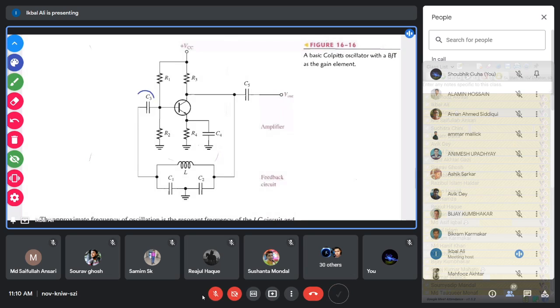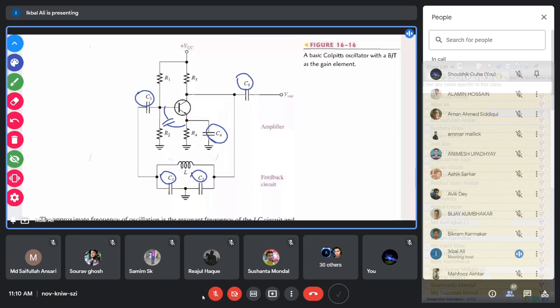These three capacitors C3, C5, and C4 are large value capacitors. So when the oscillation grows, these capacitors become short for the AC operation. C1 and C2 are very small value capacitances. They do not become short at the frequency of operation, and neither do the junction capacitances coming here, which are also very small.